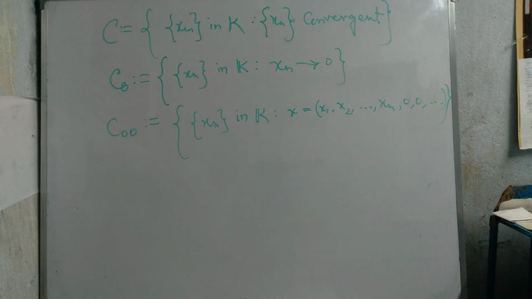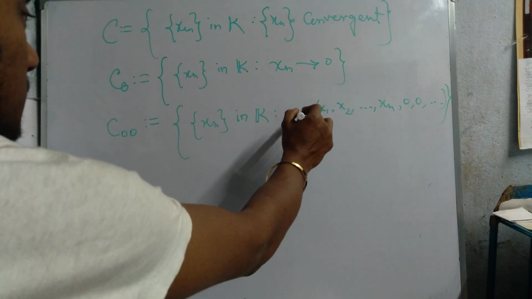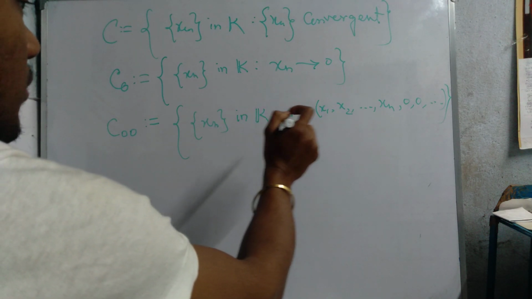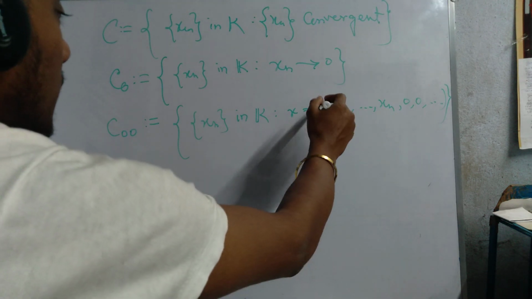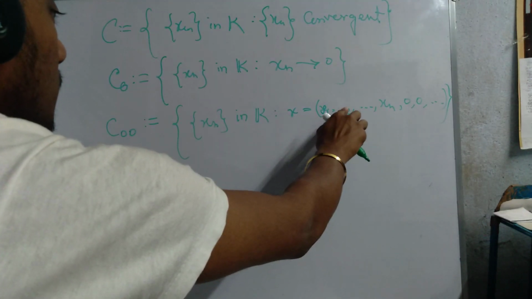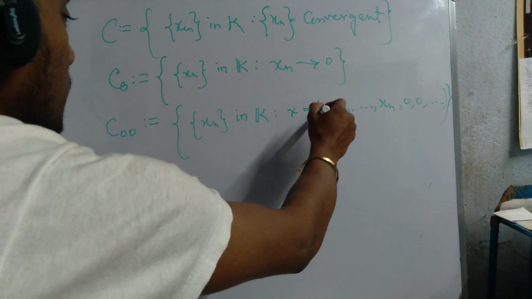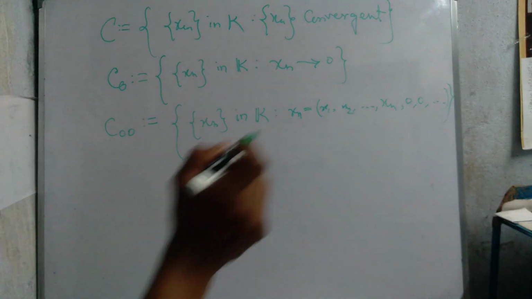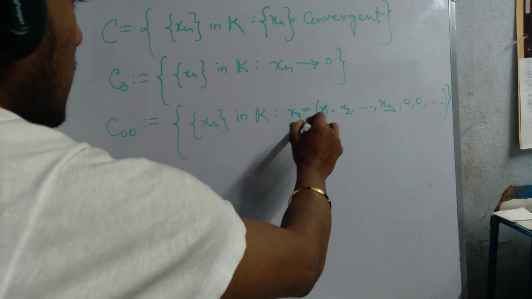This type of sequences are represented here as x, not x, here xn. That means here we write x1 is better, and here obviously xn. Okay, and this xn and this xn are different.